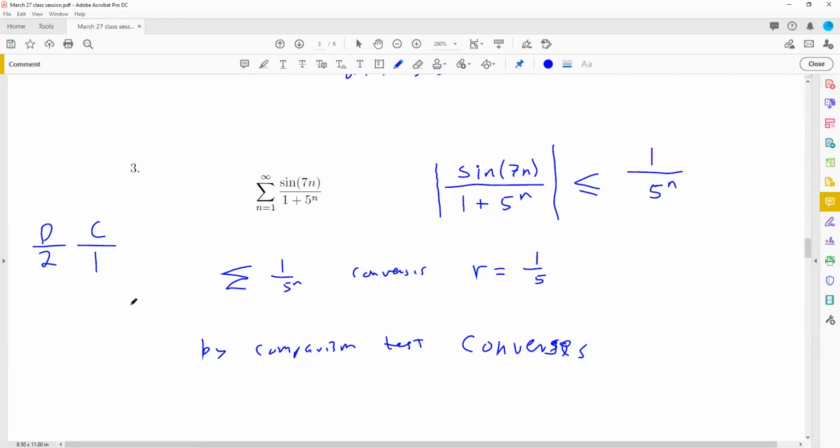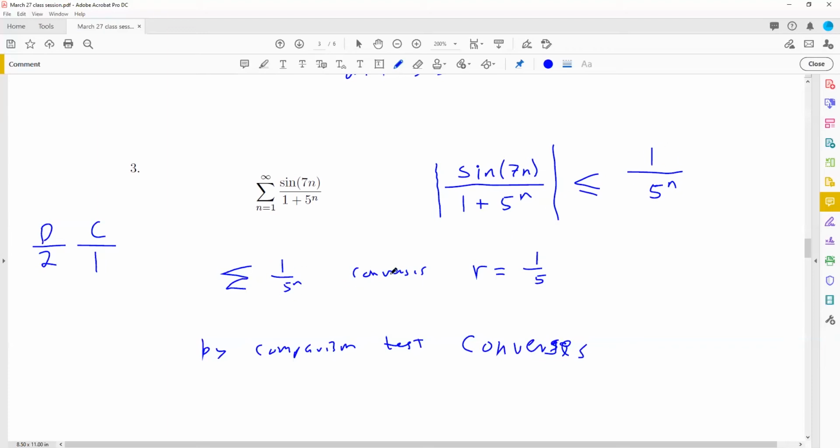Yep. Okay, so Brother Hurst, when you find b sub n, which is 1 over 5 to the n, you only have to look at that to see if it converges, and if that one converges, then both of them will converge. Yeah, because these terms in absolute value are smaller than this.